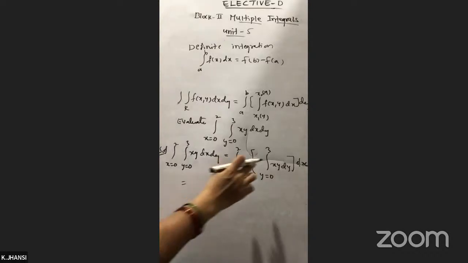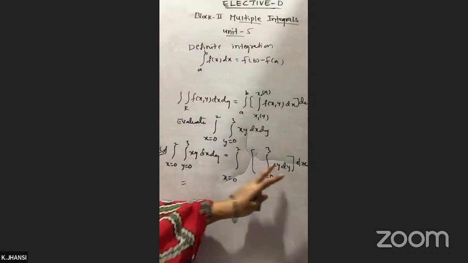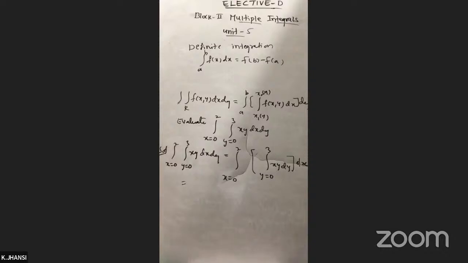First you have to do the integration of xy with respect to y. When you are doing the integration of variable y, you keep x as a constant.